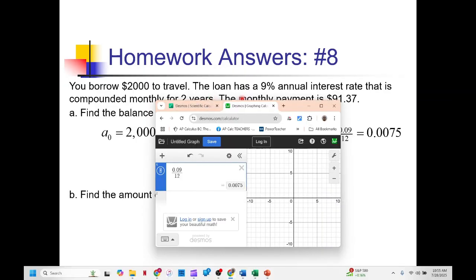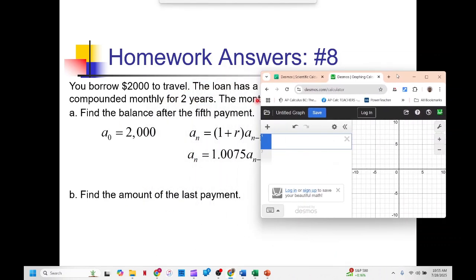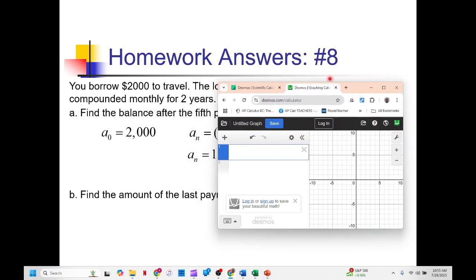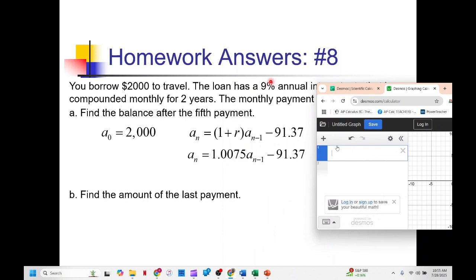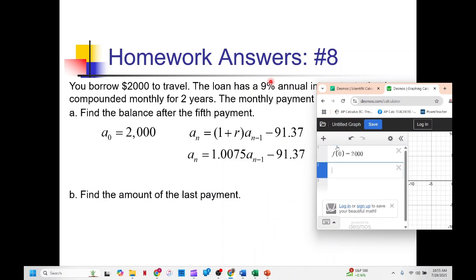Let me first set it up on Desmos so I can erase all this, and let me move this over so I can see a little bit better. Whoops. Let's see, let's try this. Okay, there we go. So we have f of 0 equals 2,000. That's my base case that I need for this to work. And f of n is going to be 1.0075 times f of n minus 1, that's my last term, and then I have to do minus 91.37.